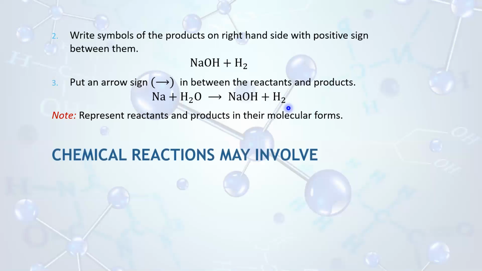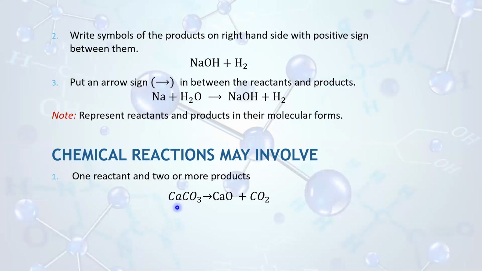What may chemical reactions involve? Firstly, we have the type of reactions with one reactant and two or more products. See the example. Calcium carbonate reacts to give calcium oxide and carbon dioxide.